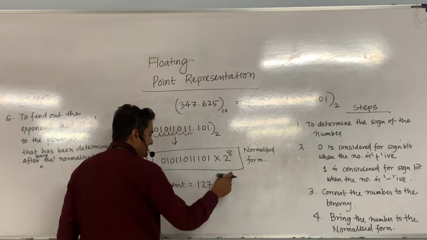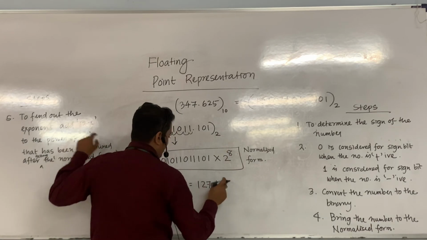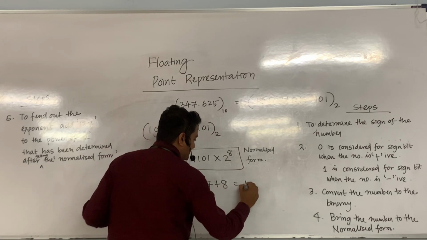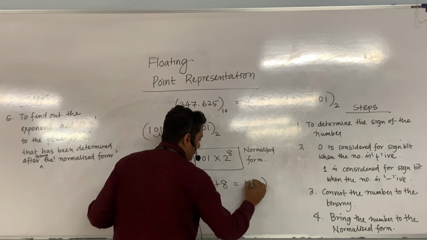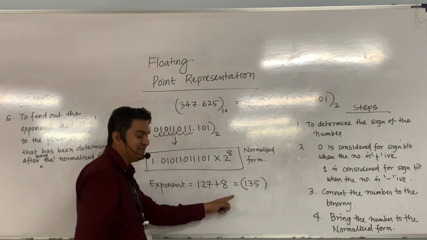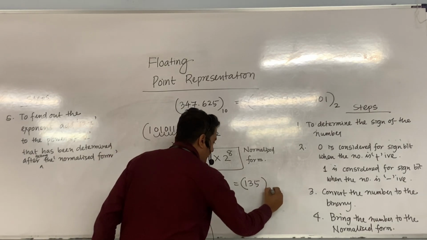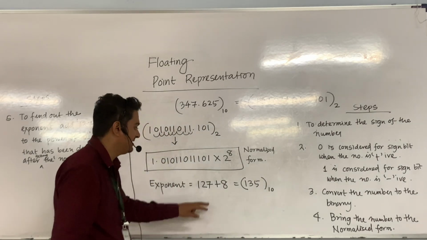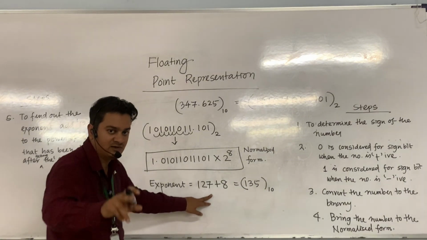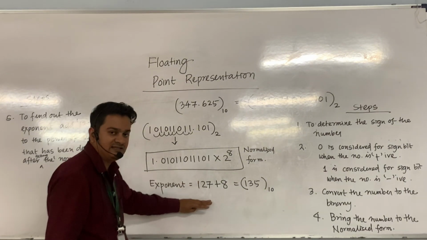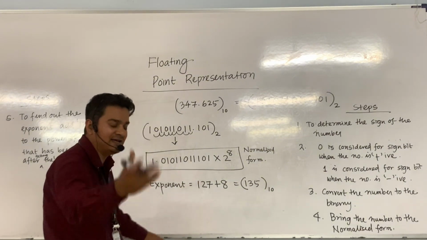The power of 2 is 8. Now I have to add 127. What is the value? That is 135. But this is in the decimal form. Remember this, very important. This is in the decimal form. After this step, we can go for the next step.